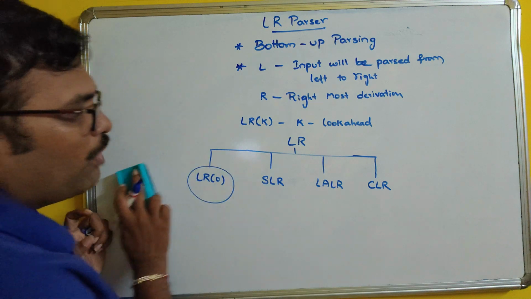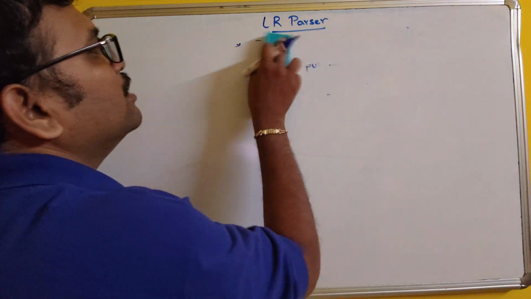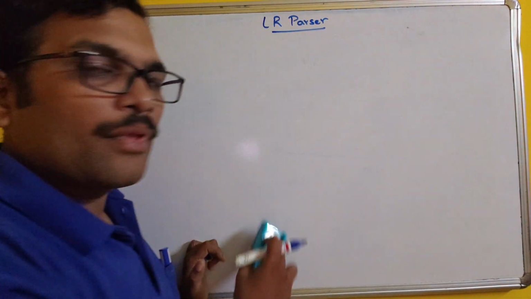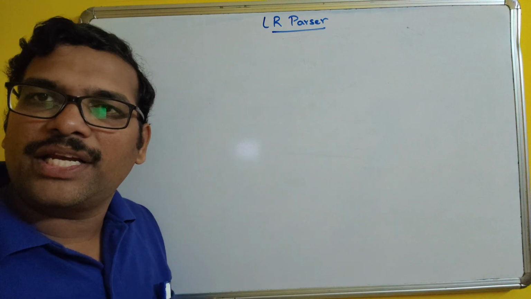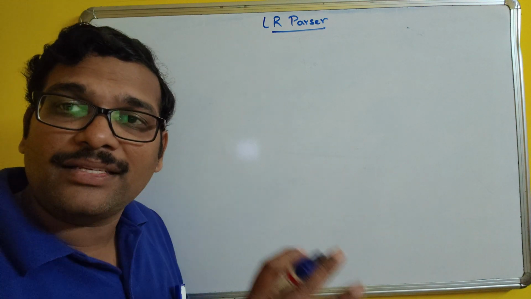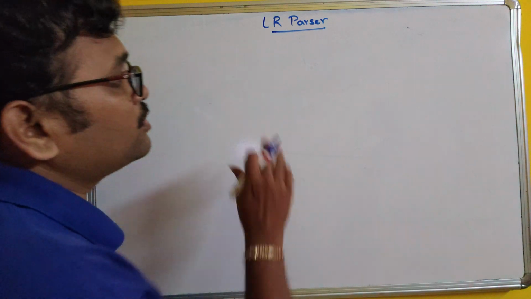Now, what are the steps required to construct the tree? Here also we consider some context free grammar, take some input string, and verify whether the input string can be parsed with the help of the given grammar.